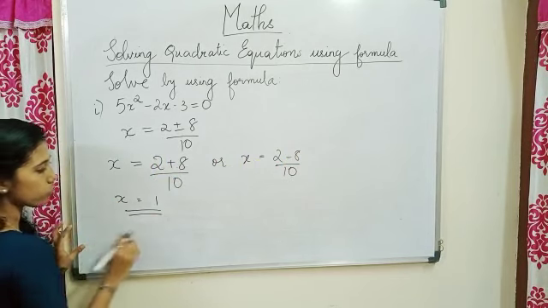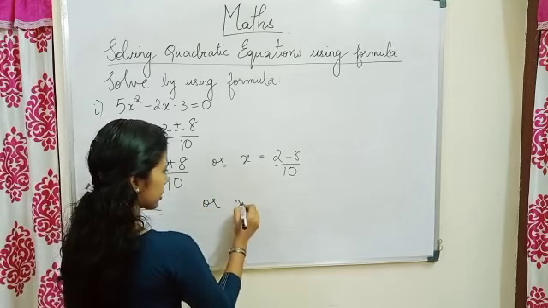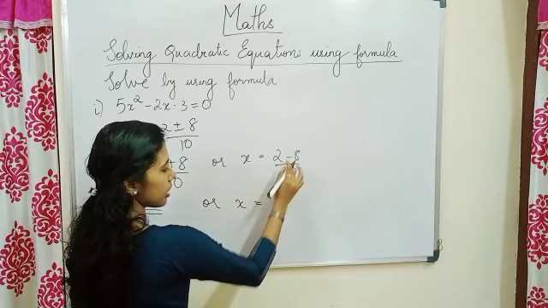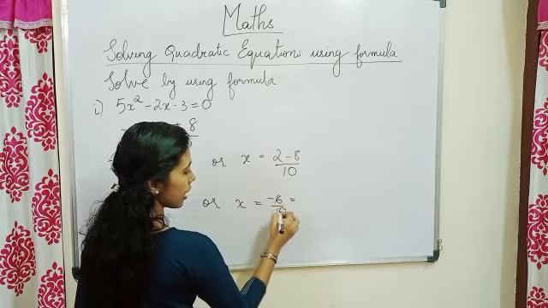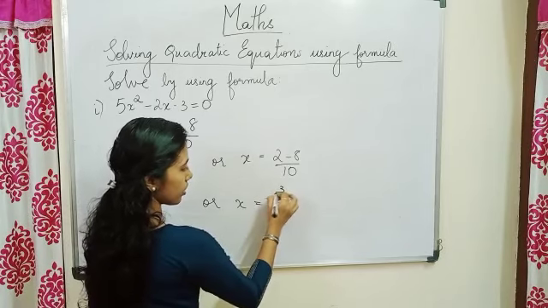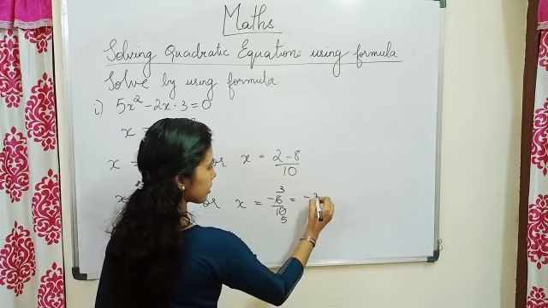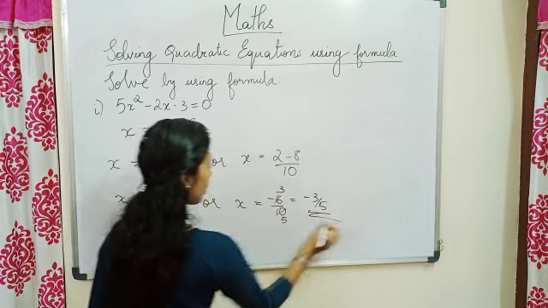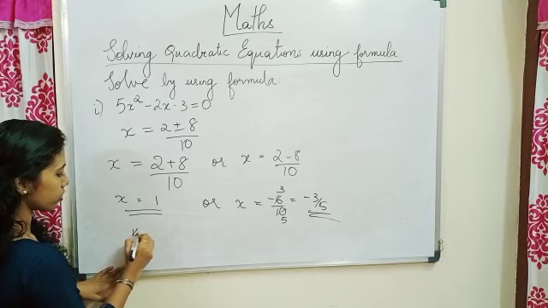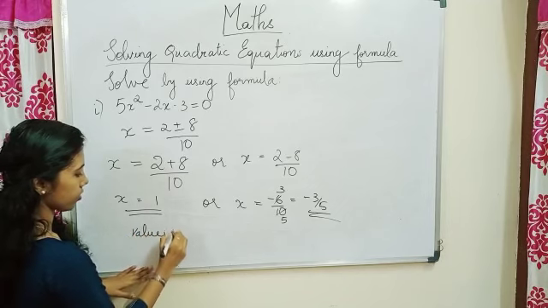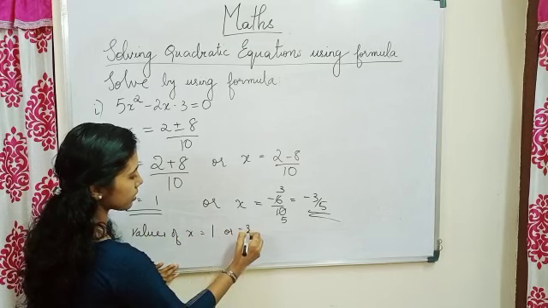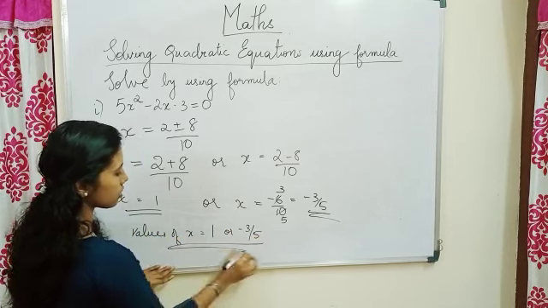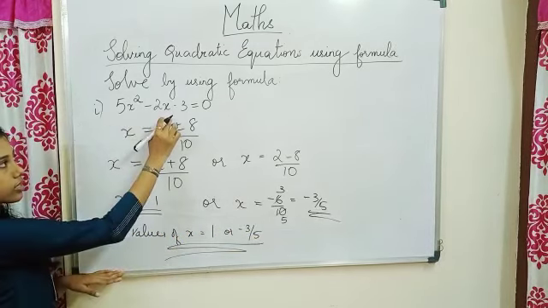So x value is 1, or x is equal to 2 minus 8 is minus 6 by 10, which on cancelling, we get 2 3s are 6, 2 5s are 10, minus 3 by 5. So the values of x are 1 or minus 3 by 5, and these are the roots of the quadratic equation.